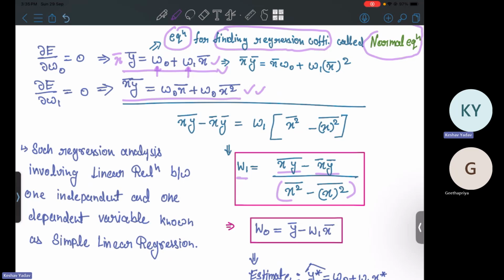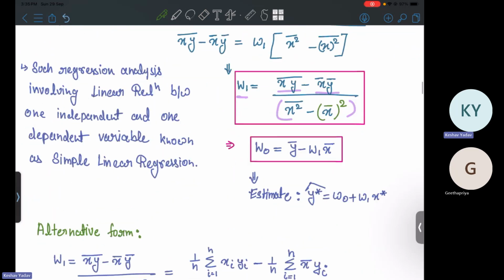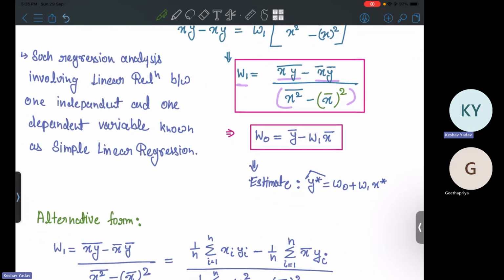Here it will be x bar square. Okay. So once we have found w1, we can directly find w0 by using the first equation. So that will be y bar minus w1 x bar.